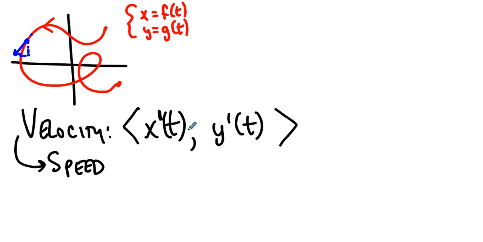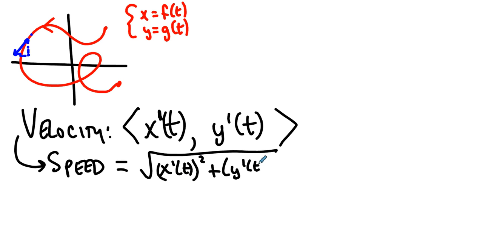So we take the magnitude of this vector to get speed. Speed is the square root of x prime of t squared plus y prime of t squared. So speed's a number. It's the length of that vector. It's the magnitude of that vector.